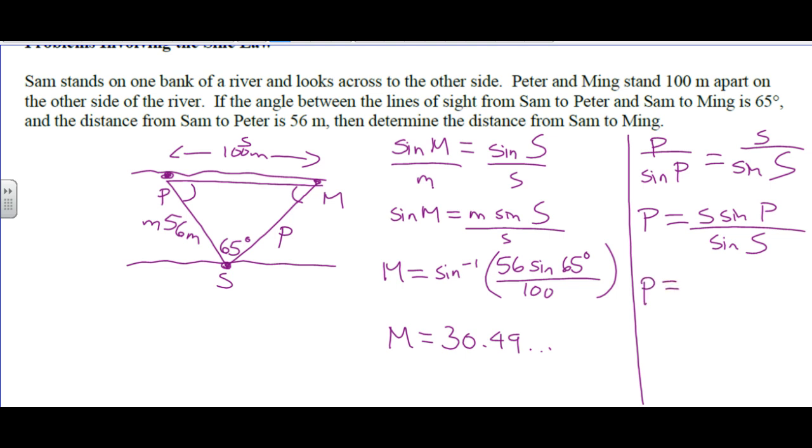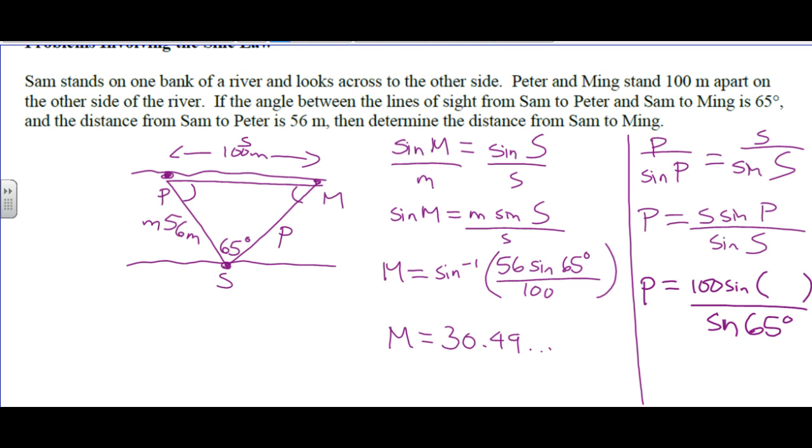Filling in some numbers, S is 100. Sine, I'm going to calculate this over the sine of the angle that we're given, which is 65 degrees. Okay, so the first thing I'm going to do is calculate 180 minus bracket second function answer, so I'm bringing in the number that we calculated, 30.499, etc., plus 65.